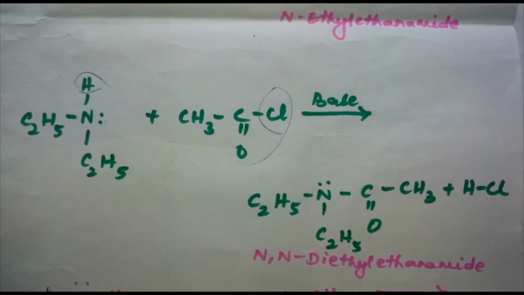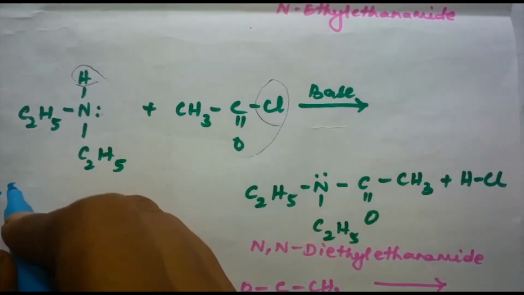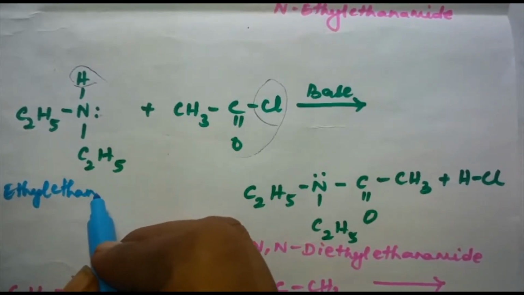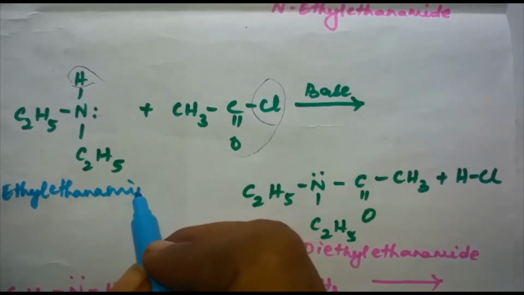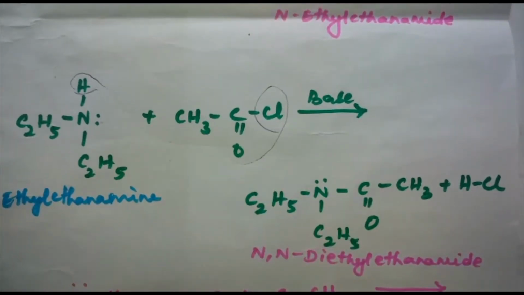So the name of this compound is N-ethyl ethanamine, which with acid chloride in presence of a base gives N,N-diethyl ethanamide.